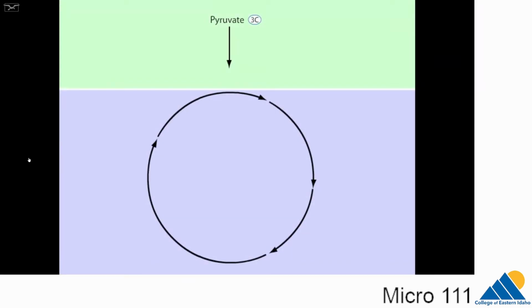Pyruvate will be completely oxidized by two additional pathways. In the first, catalyzed by the pyruvate dehydrogenase complex, pyruvate is stripped of a carbon, in the form of carbon dioxide, oxidized by NAD+, forming the energy carrier NADH, and combined with a molecule called coenzyme A, forming acetyl-CoA.